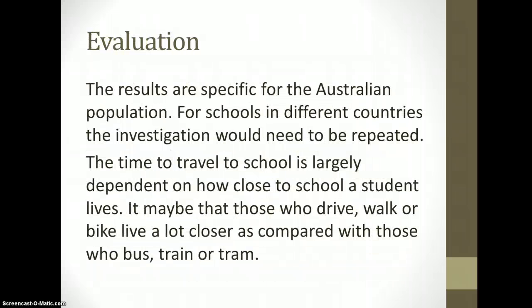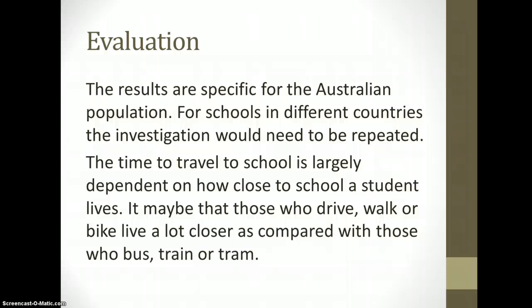And lastly, and as I said, I want everyone to try this, writing an evaluation. The results are specific for Australia, for the Australian population. For schools in different countries, the investigation would need to be repeated. Time to travel to school is largely dependent on how close to school a student lives.